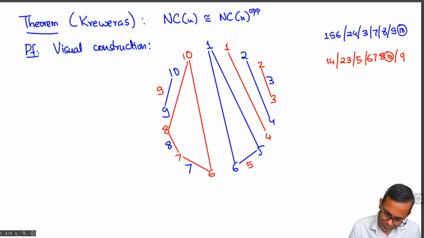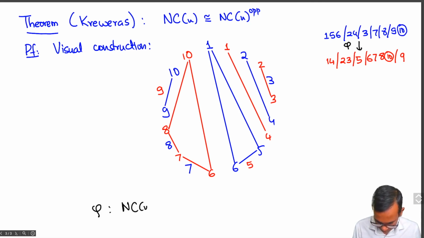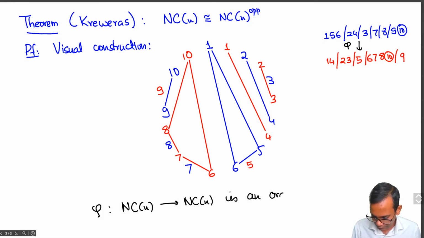So this I define to be a function which I'll call phi. So phi, as described here, is an order reversing bijection.